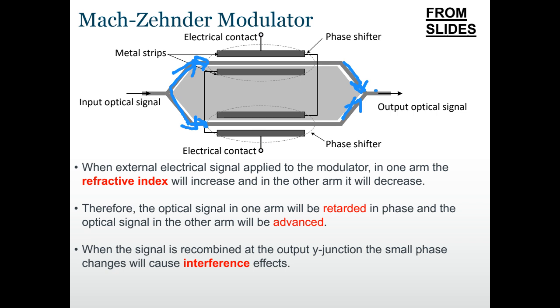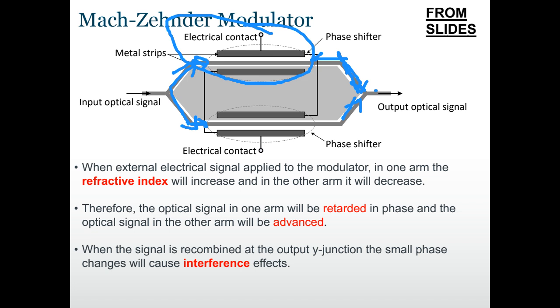So how do we change the speed of travel of the optical signal? We apply an electrical field. Basically, we can apply forward bias and reverse bias. Remember, when we apply forward bias, we expel the free electrons by the negative contact.